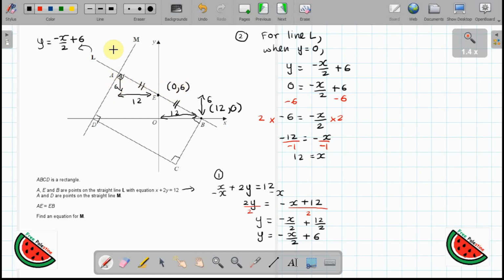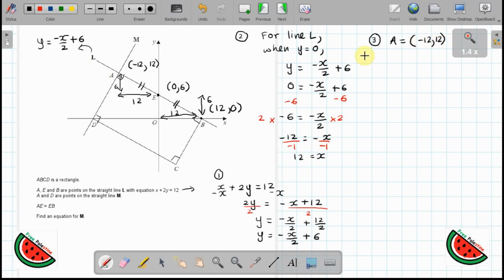So the coordinates of A are going to be minus 12, because you're going 12 to the left from 0, and then plus 12 because you're going 6 up. So that was my third point: A has the coordinates minus 12, 12.